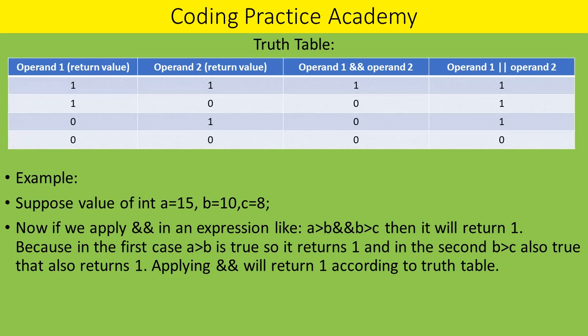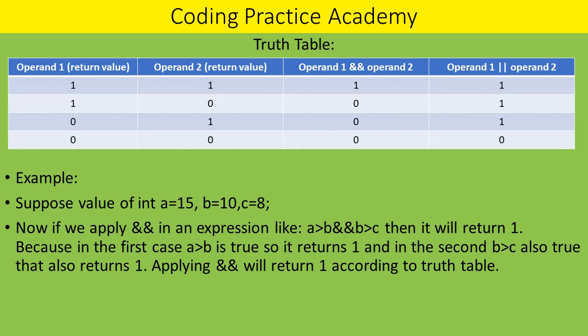Whereas applying OR between these two expressions or operands produces the result true, that is 1. So this is the explanation of the first line. Similar explanations are also possible for the rest of the lines.